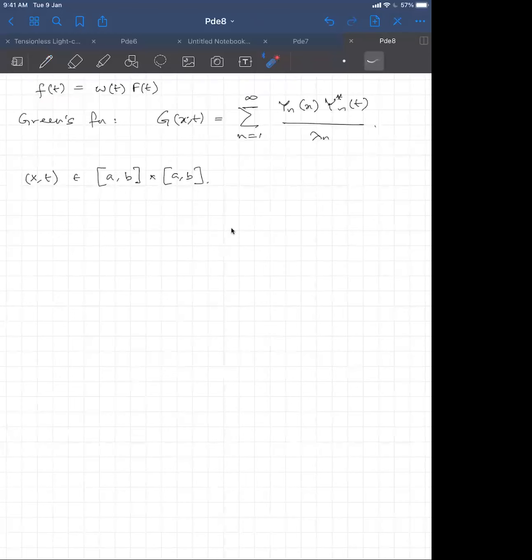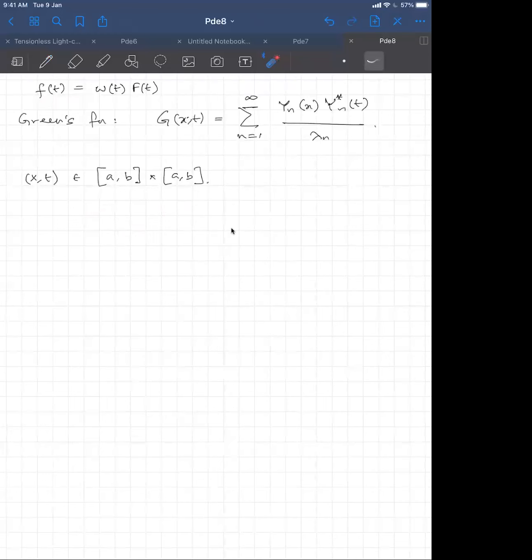So if we know the Green's function, then we can use it to construct an arbitrary solution of the equation L of y is equal to f for an arbitrary forcing term f.